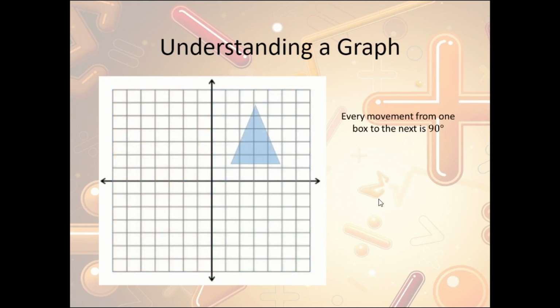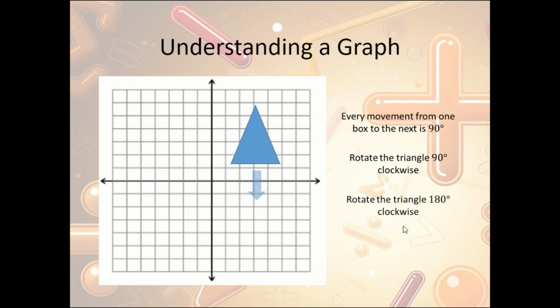So, for instance, if we had our triangle here, and I said I want to move 90 degrees clockwise, I'm going to take that triangle and move it in the direction of a clock, and it's going to move down into this box. Now, if I want to go 180 degrees clockwise, well, that means I move 2 boxes because 180 is just 90 times 2. So we move 1, 2 boxes, and we end up over here. Now, if we want to go 270, now that's 3 boxes. So 1, 2, 3, and we end up over here.